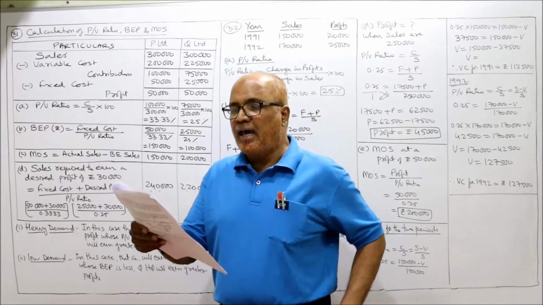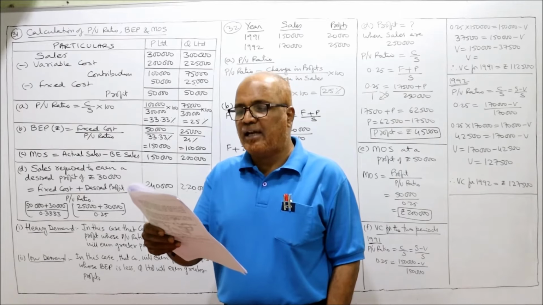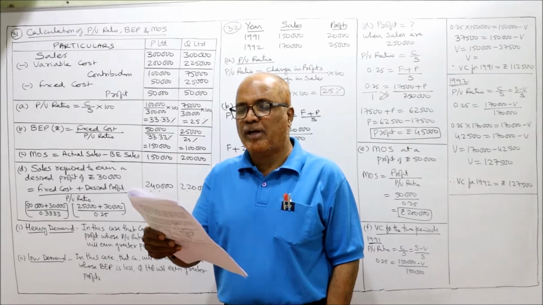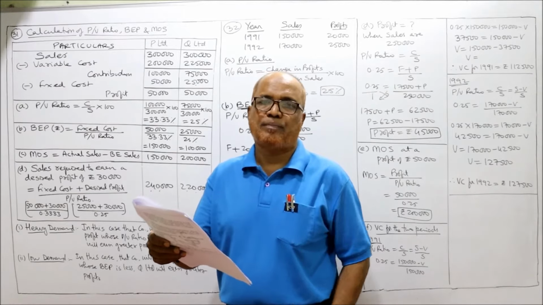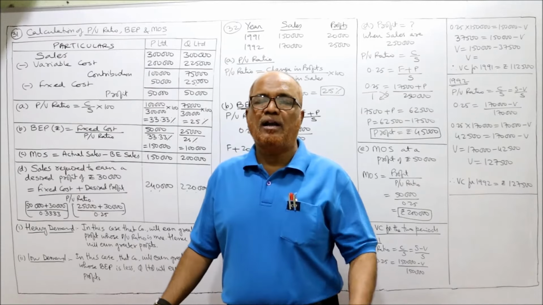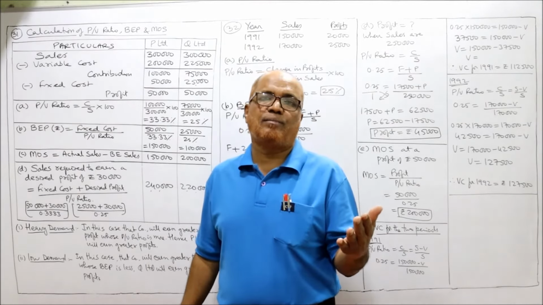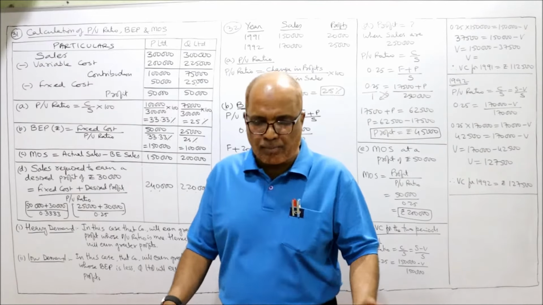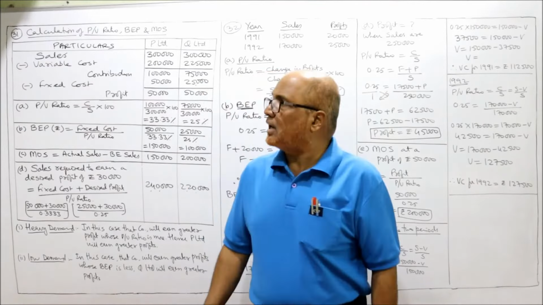And third question, explain which company is likely to earn greater profits in the conditions of heavy demand for the product and low demand for the product. The last question, we have to give the explanation. Which company will earn greater profits when the demand is high and when the demand is low? This is the problem. Now, see carefully.